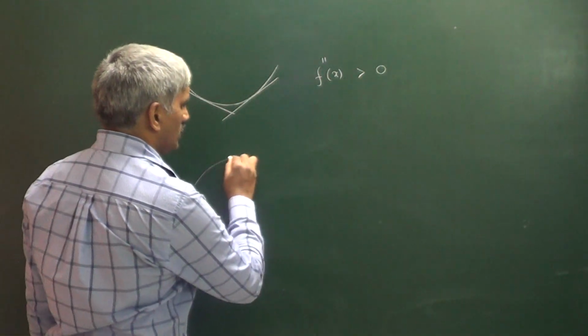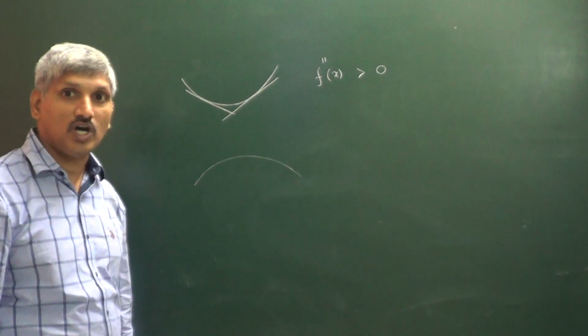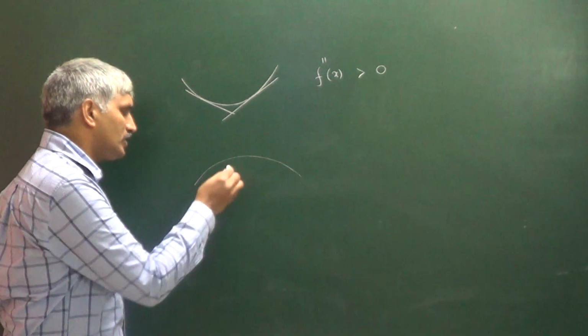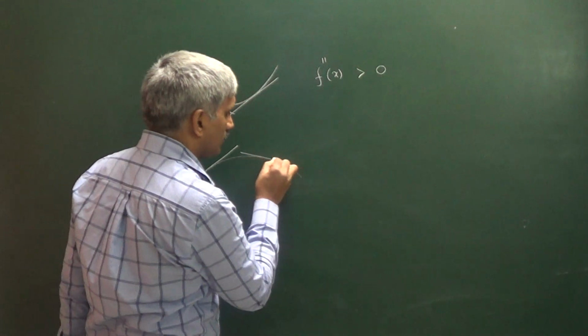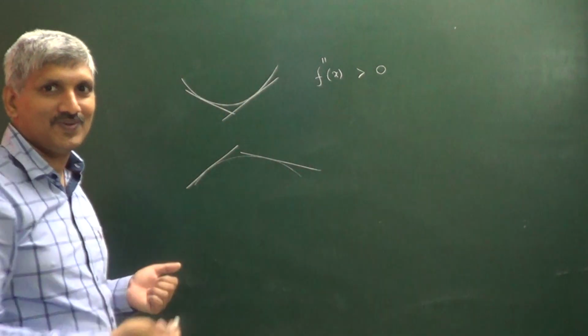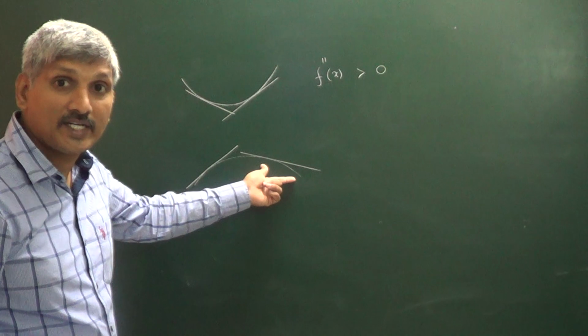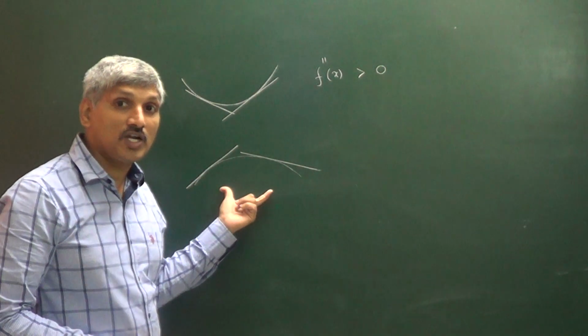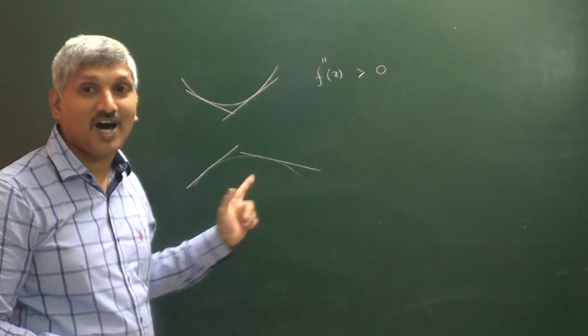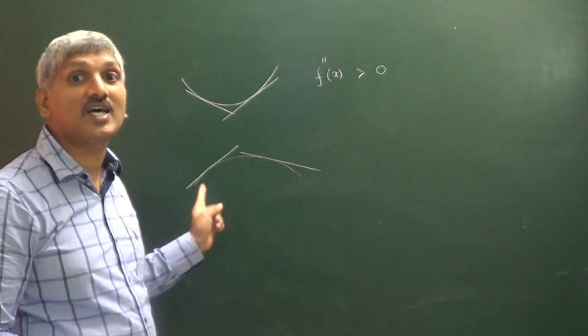Next one is this one, we will call it concave downward. Concave downward means anywhere you draw a tangent, the tangent lies completely above the curve. Then this is said to be concave down, or we can say it as convex up.